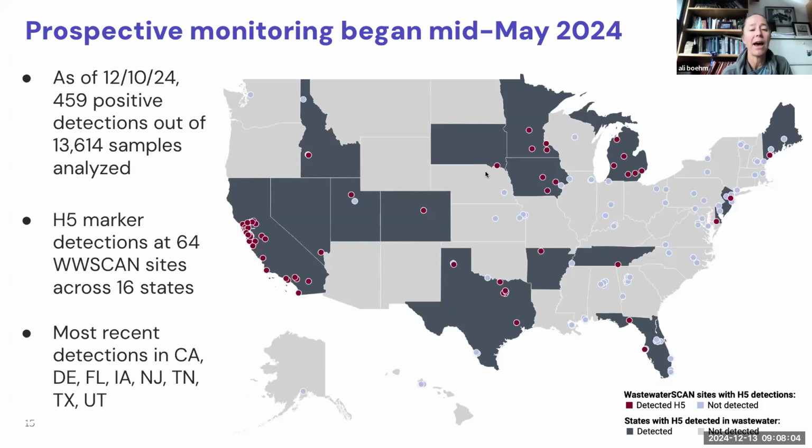But there are plants that have, and most recently we've been watching in awe, if that's the right word, as all of California's wastewater treatment plants have lit up like a Christmas tree. It's not funny, but you've got to smile when you can. Our most recent detections are in California, Florida, Delaware, Iowa, New Jersey, Tennessee, Texas, and Utah. In most cases, the concentrations we're observing are low, but definitely positive.